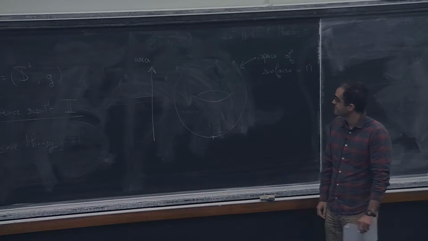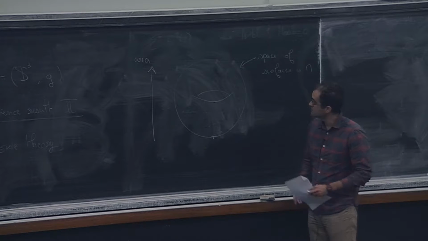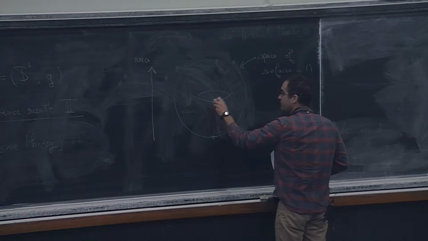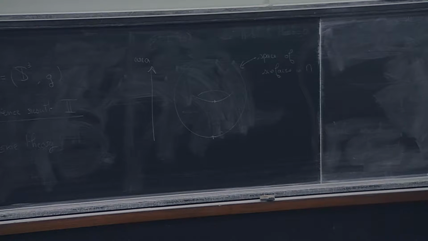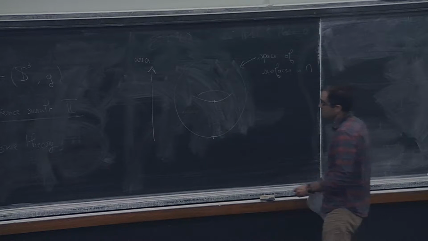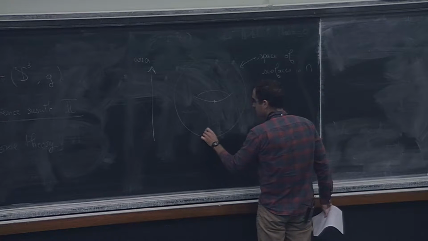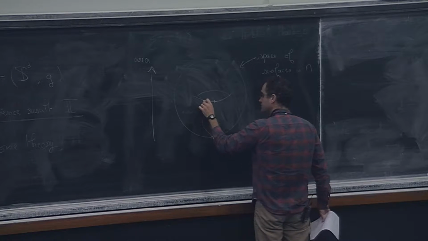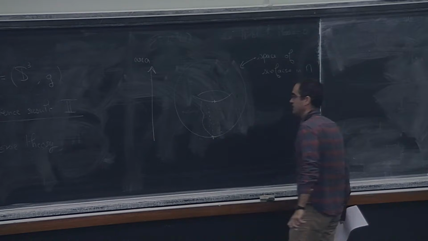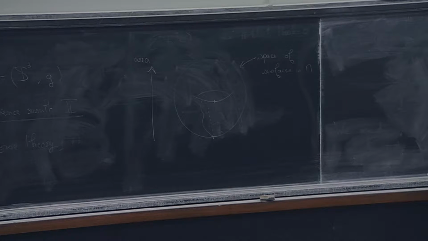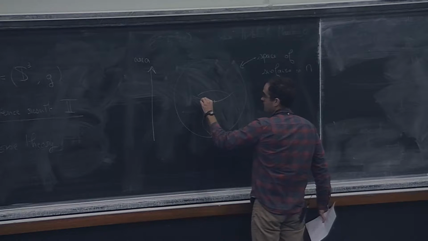Okay. But what you see there is that there is some critical point for the area functional. And how do you capture this critical point? The idea of Morse theory is, you look at a path that comes back on the other side, and you look at the maximum point along this curve.